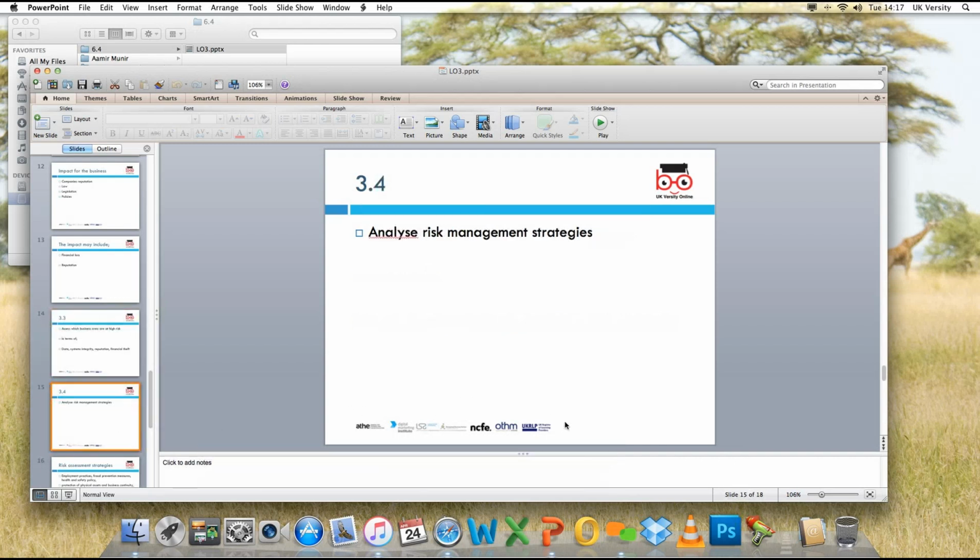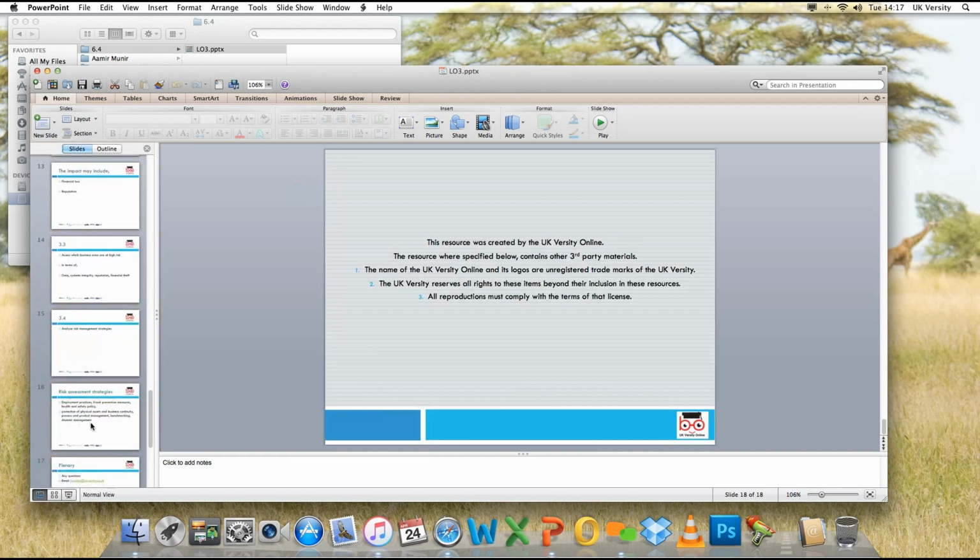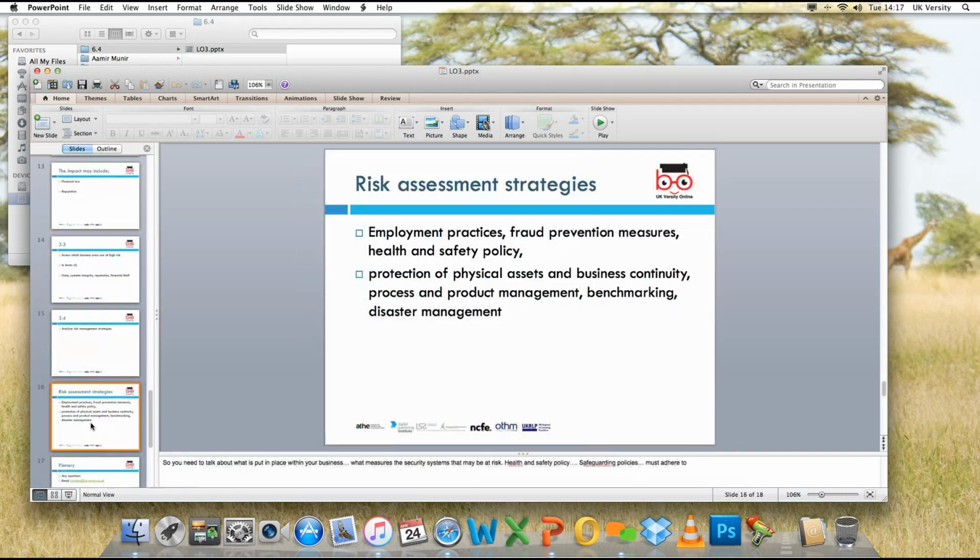And then the next one is analyse risk management strategies. I've just gone right to the bottom. So for the strategies, you've got employment practices, fraud protection measures, health and safety policies, protection of physical assets and the business, product management, benchmarking, disaster management.